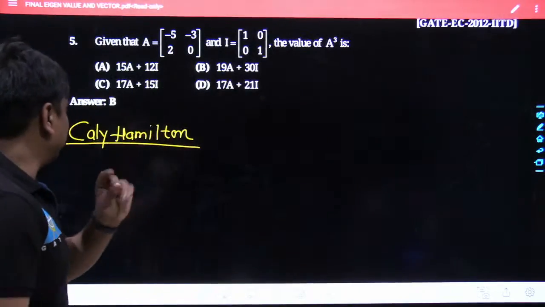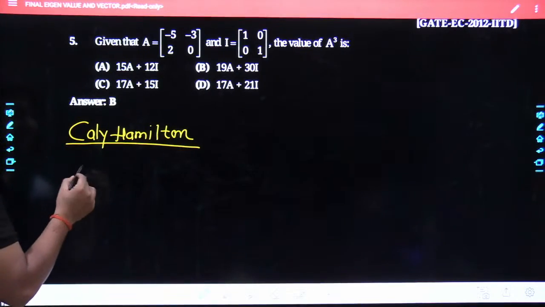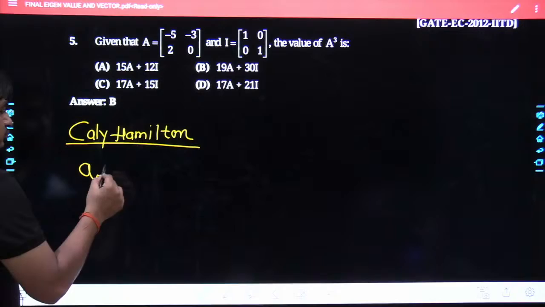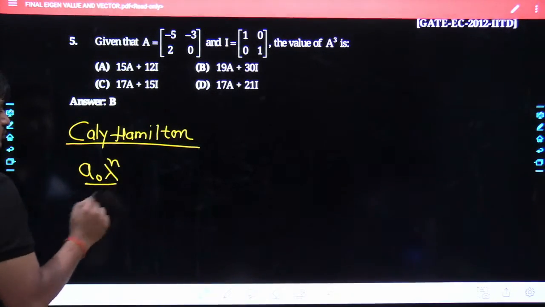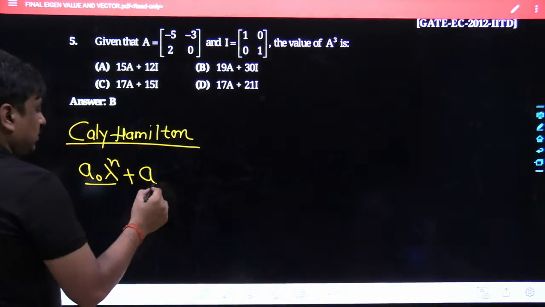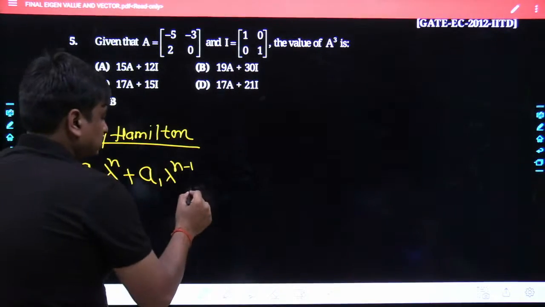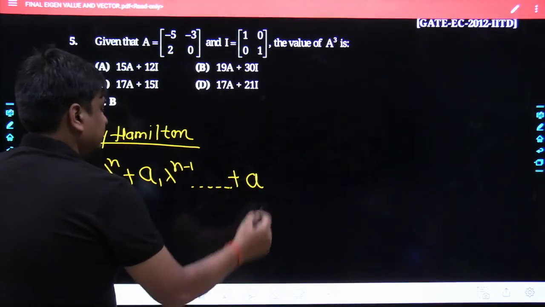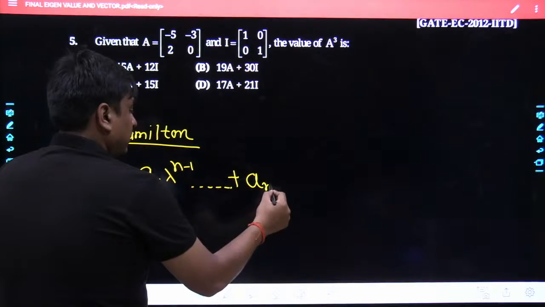I just wanted to ask one thing. Let's take a naught lambda to the power of n, next is going to be a1 lambda to the power of n minus 1, up to a n.